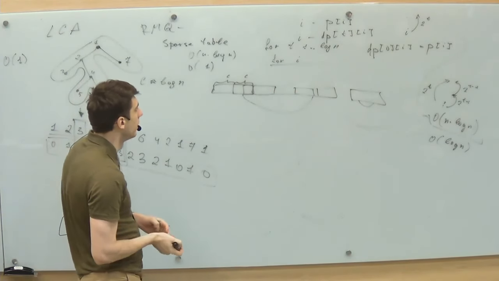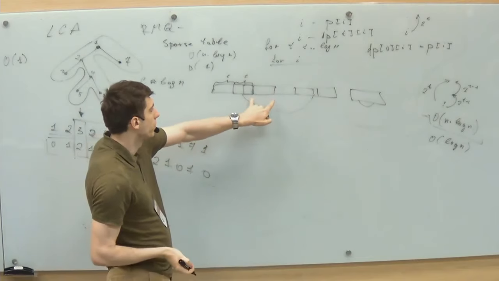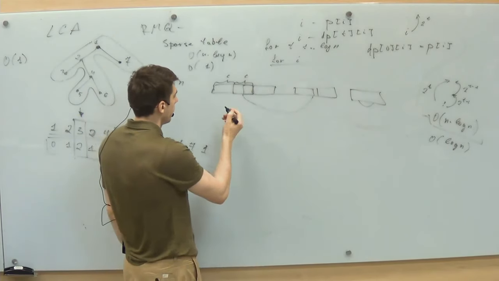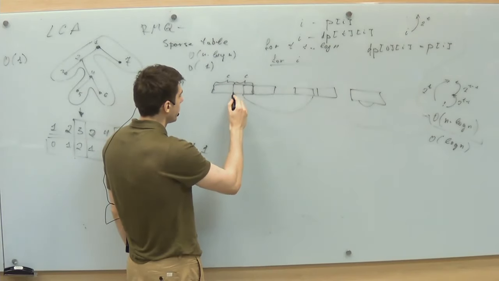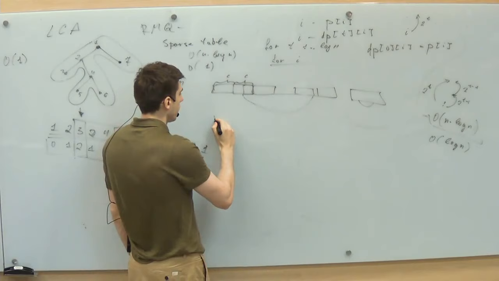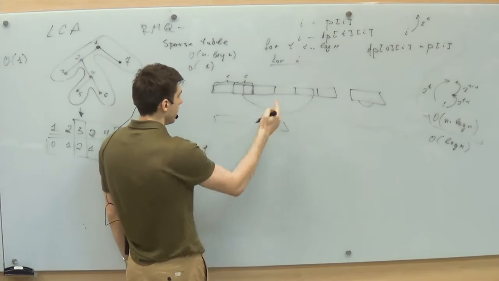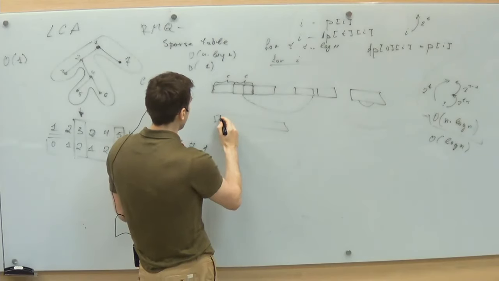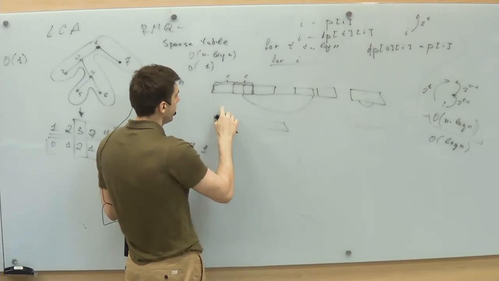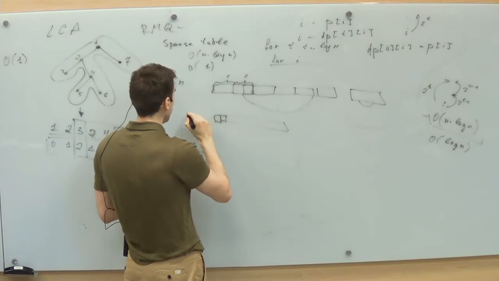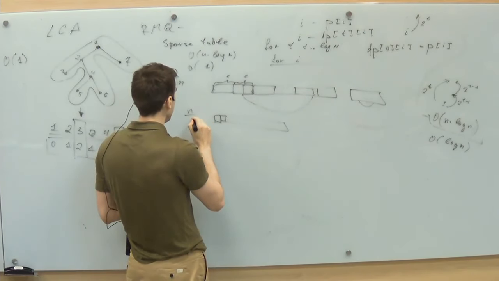To find the minimum element among the blocks that are fully inside, we just replace each block by its minimum element, which provides us the same list, but where each element is just the minimum of a block. The size of this array will be n divided by c.